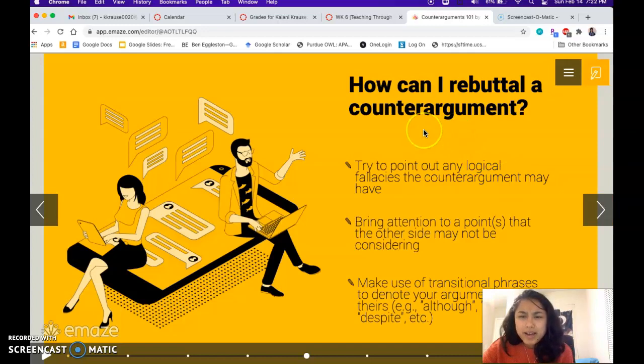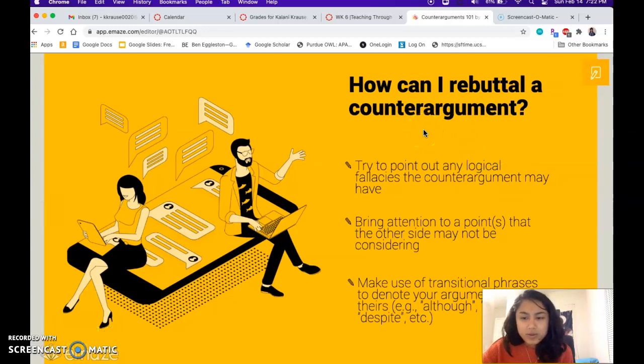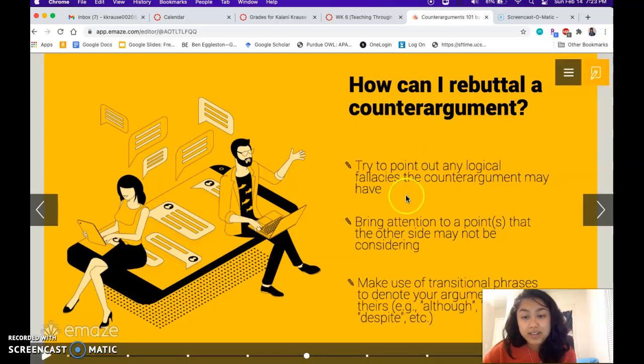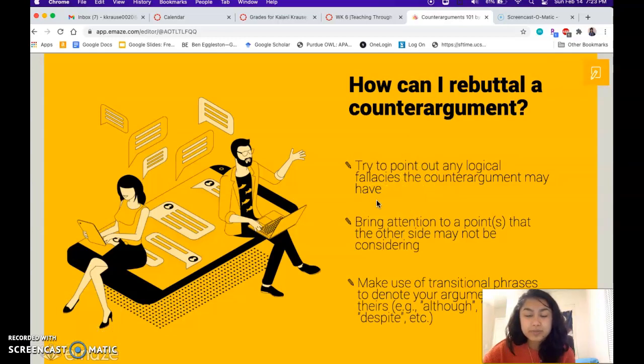So, how can I rebut a counterargument, right? We're not just saying that some people disagree with me and then moving on. We have to still prove why we're right despite the disagreements that might occur. So one way to do this is to try and point out any logical fallacies the counterargument may have. And we'll go over these logical fallacies in the next slide.